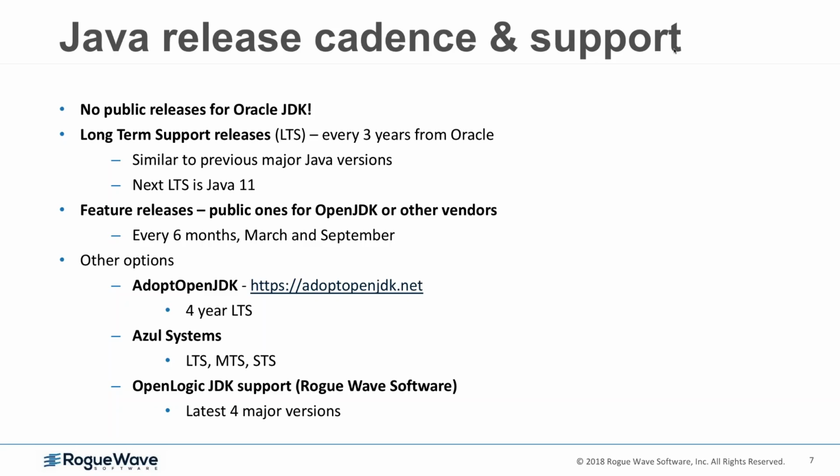OpenJDK is a big one for us for a lot of these reasons: it's difficult to find support, or it can be really expensive from Oracle, for example. A lot of customers just want one place to go for supporting all the open source they're deploying in the enterprise, and we can help with that. For OpenJDK, we've been supporting the latest 4 major versions, which goes back to basically Java 6 at this point.